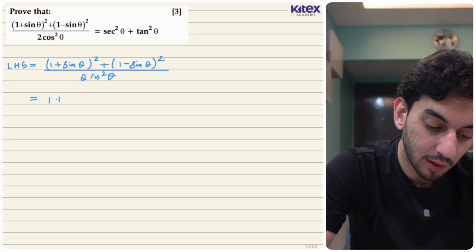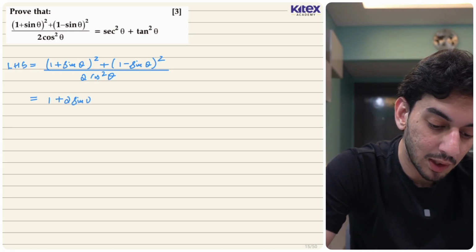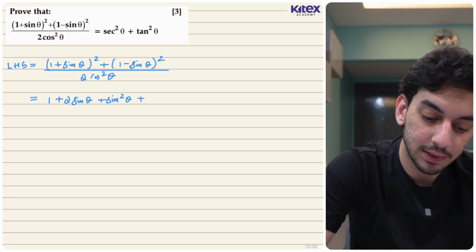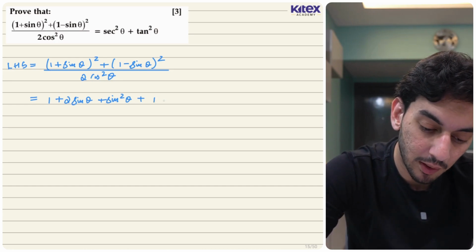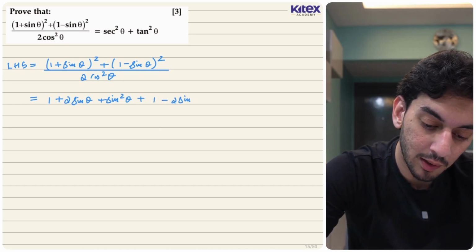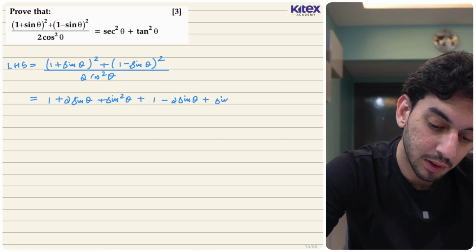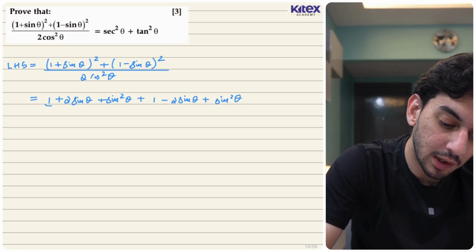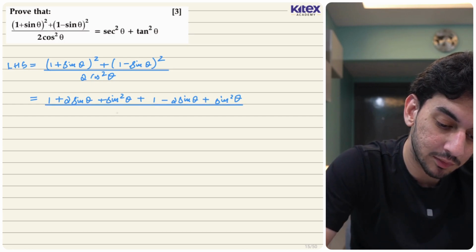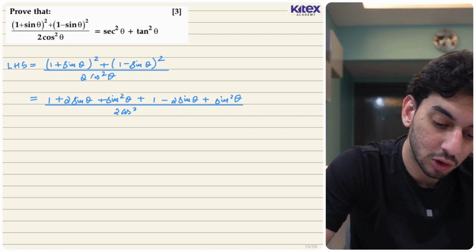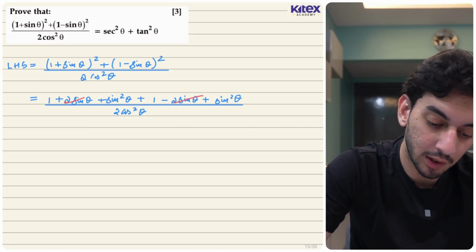So it is a square plus 2ab plus b square plus a minus b the whole square is a square minus 2ab plus b square, and the denominator remains as it is, which is 2 cos square theta. I can get rid of 2 sin theta and minus 2 sin theta, and what am I left with?